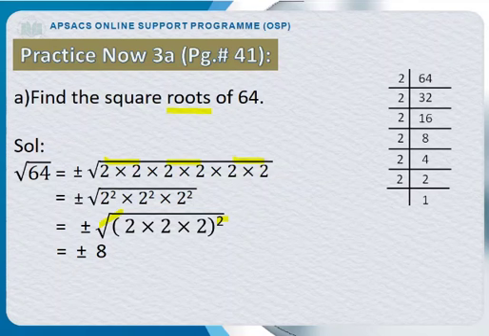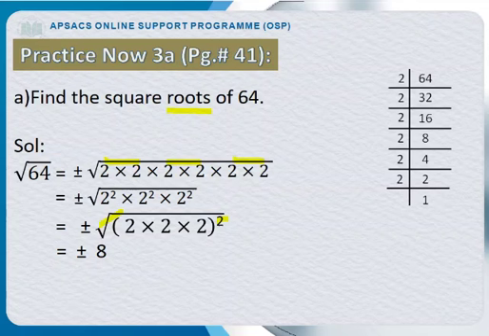It can be written as plus minus square root 2 to the power 2 multiply by 2 to the power 2 multiply by 2 to the power 2. Now after that equal sign as it is, plus minus as it is, square root as it is, I will take these all 3 in a bracket and I'll write the whole power.